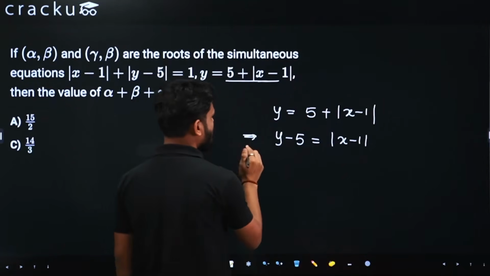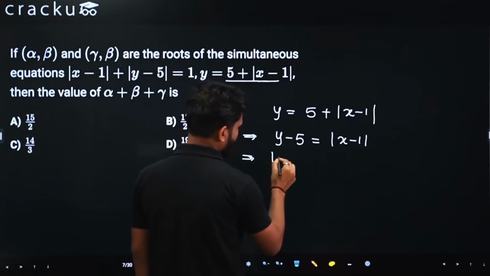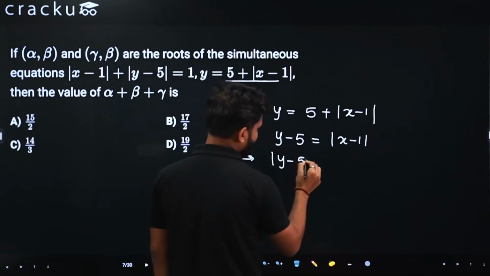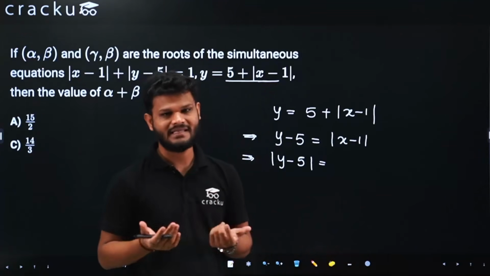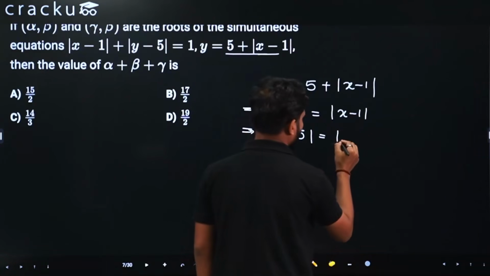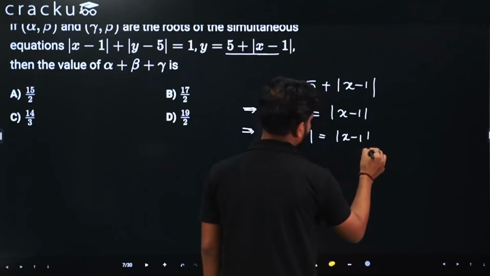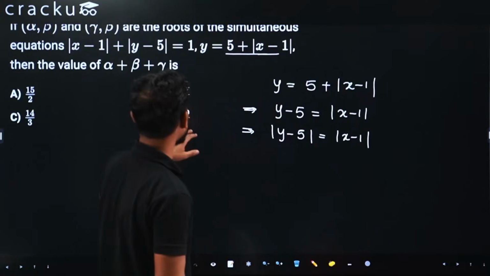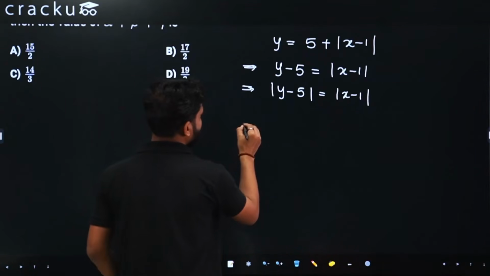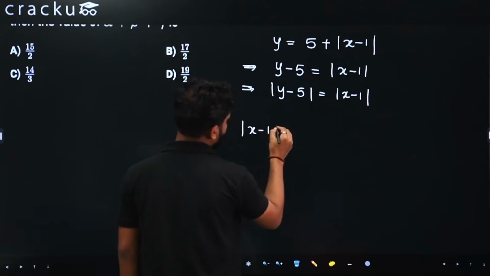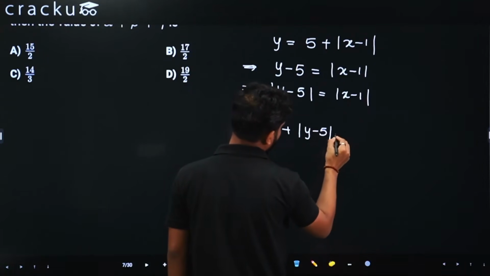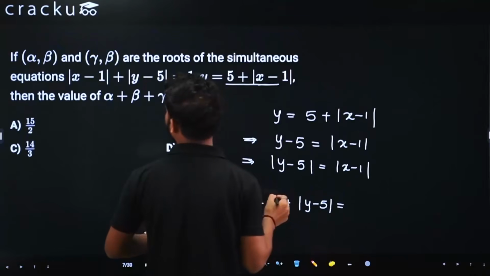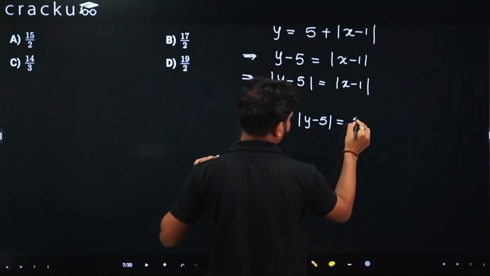If you take the modulus on both the sides, what you get? You get mod of y minus 5 is equal to mod of mod x minus 1. This is nothing but mod x minus 1 only. Now, the first equation says mod of x minus 1 plus mod of y minus 5 is equal to 1.